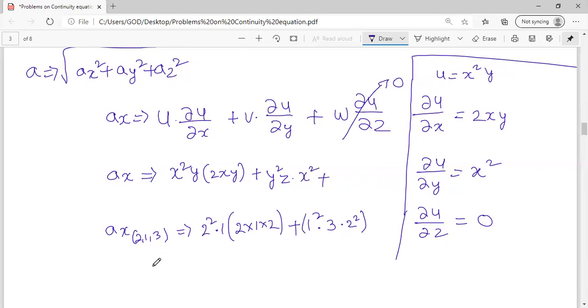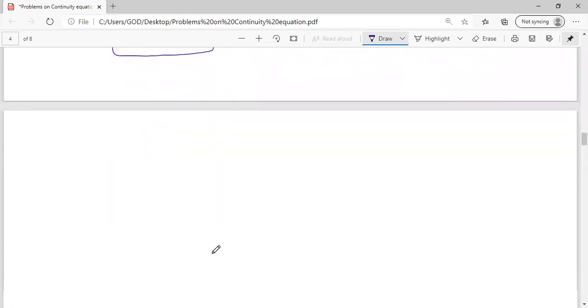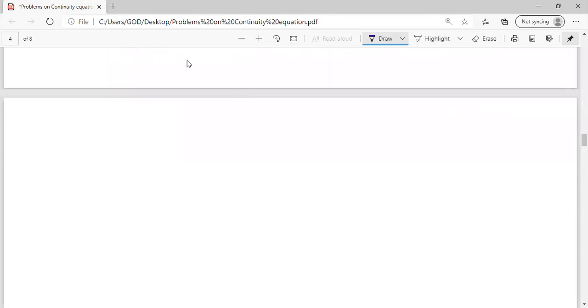If you do the calculation, you will get acceleration along x as 28. Let me check this with a calculator, and if there is any discrepancy you can tell me in the class.